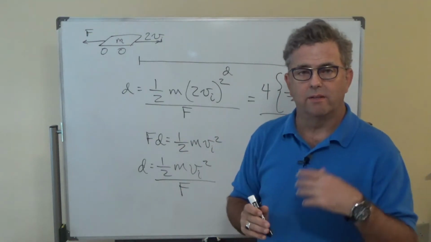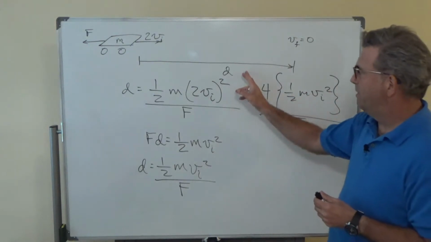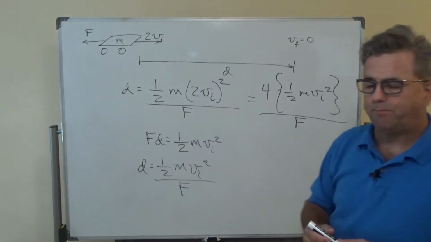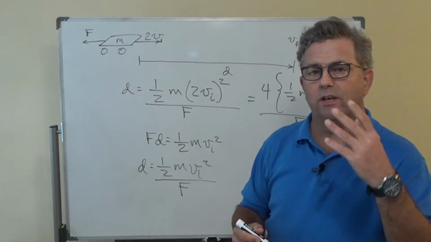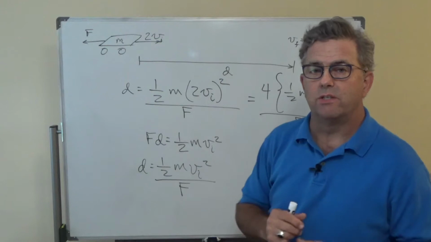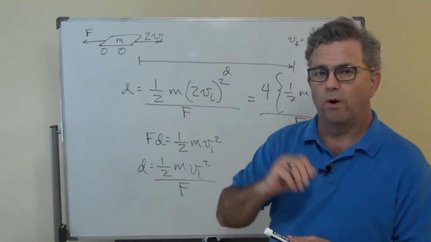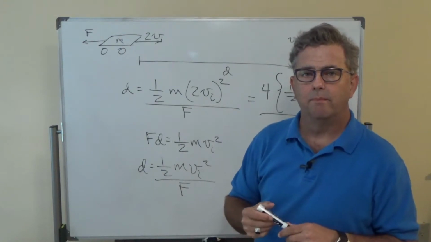It goes like the velocity squared. So in this simple example, you had some v initial, it took you d distance to stop, you double that v initial, it takes you 4d to stop.